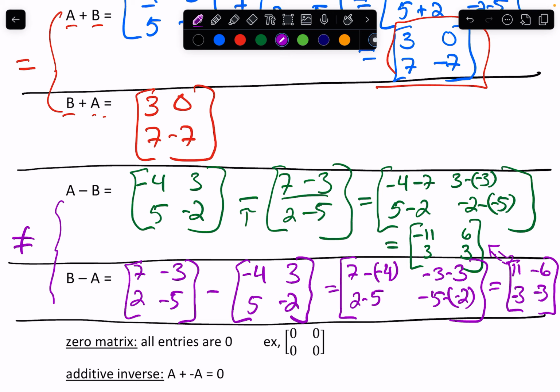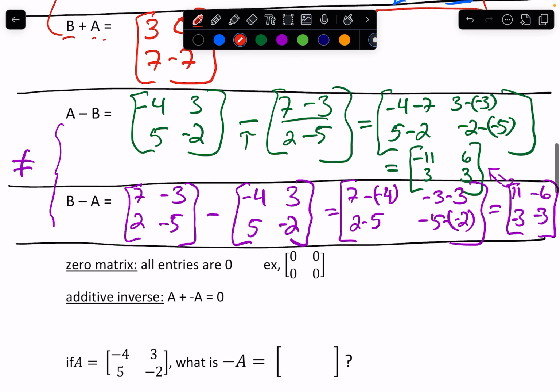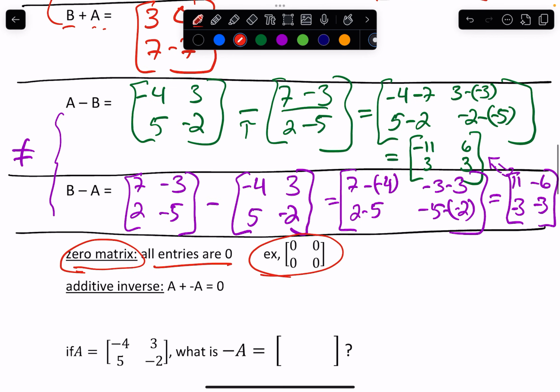Okay, next we're going to define the 0 matrix. All entries are 0. So there's an example. Additive inverse: matrix A plus negative matrix A is going to equal 0.